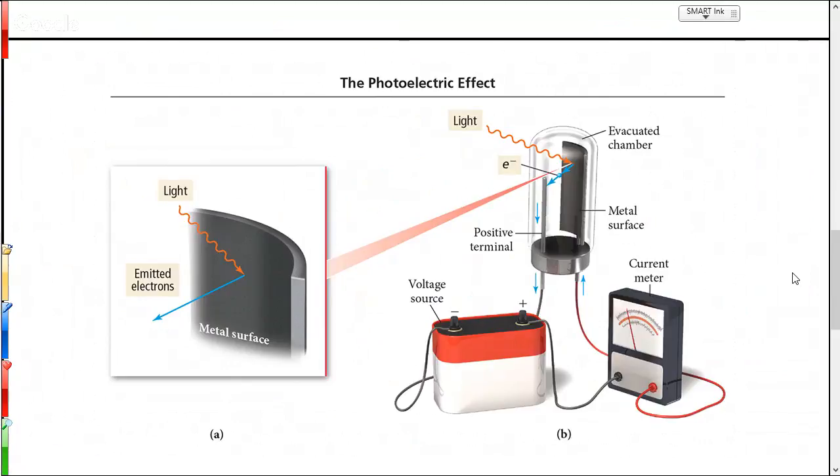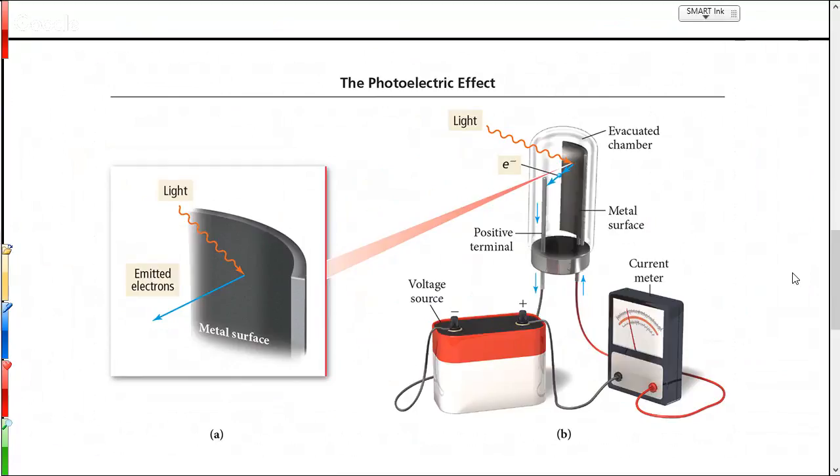When light hits a piece of metal in an evacuated chamber, it can cause electrons to shoot off of that piece of metal. We don't see that out in the open because the electrons that shoot out get absorbed by the air. That's why you need an evacuated chamber.